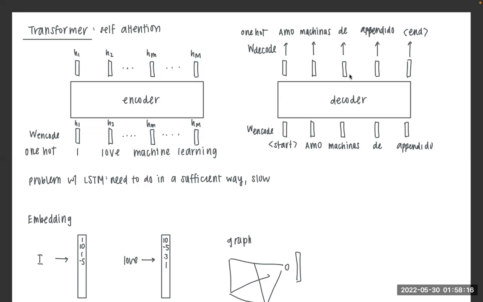So each word is a category, and if you have 6,000 words, you have 6,000 categories. Then you have the probability of the observed category. So the idea is that you want to maximize the log likelihood, which is the log of the probability of the observed word at each time step.